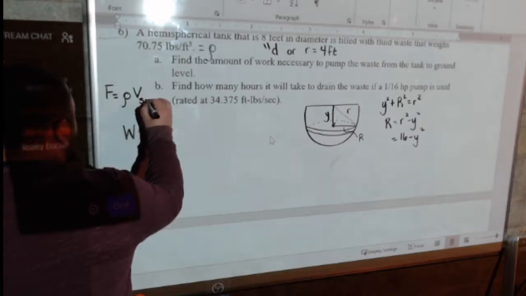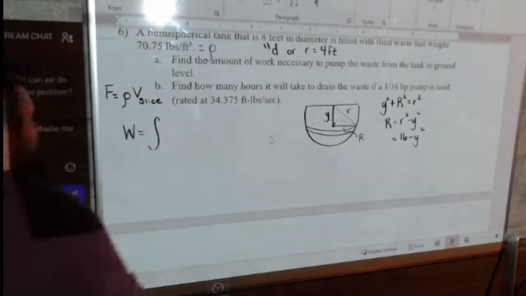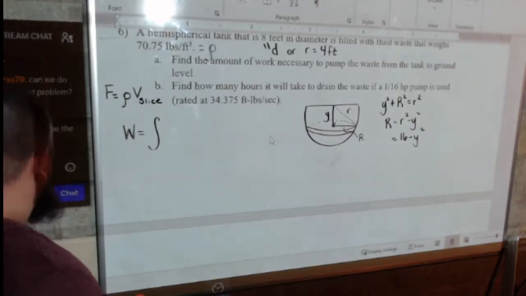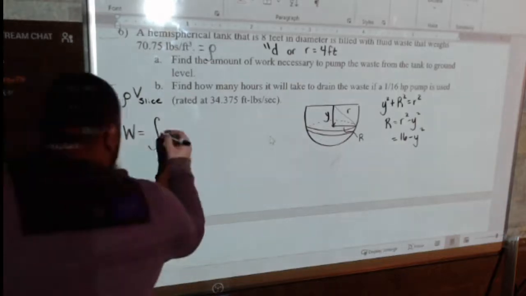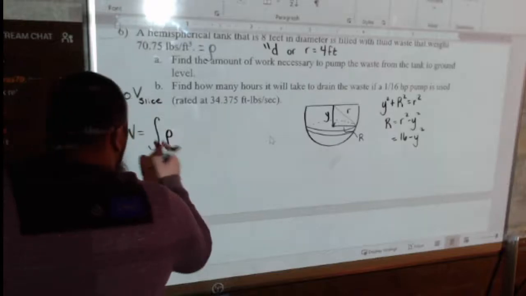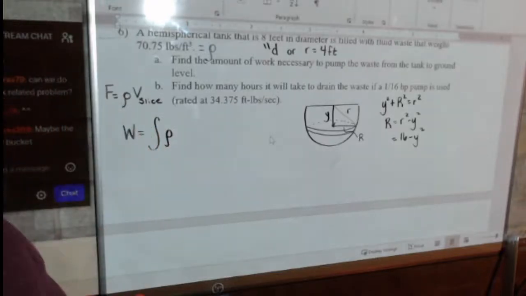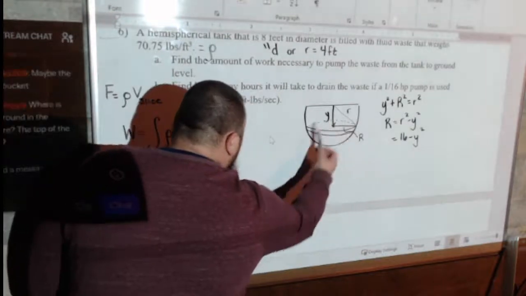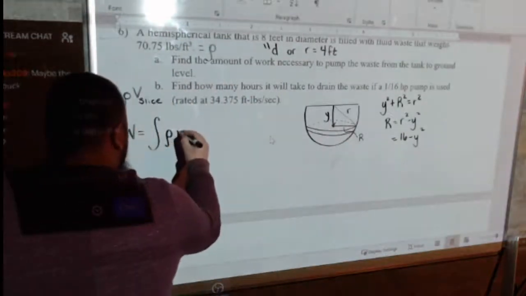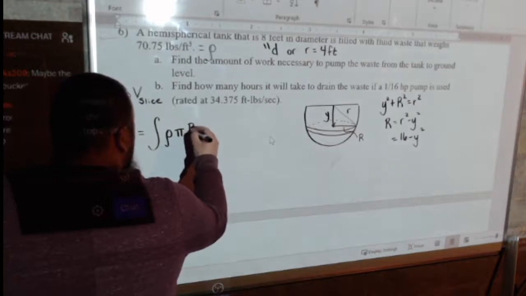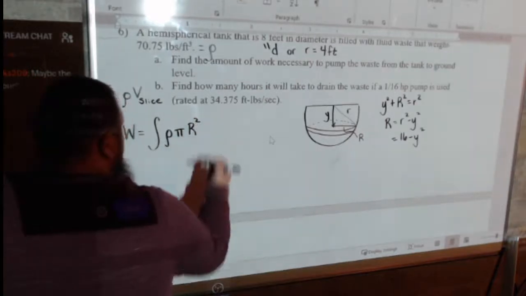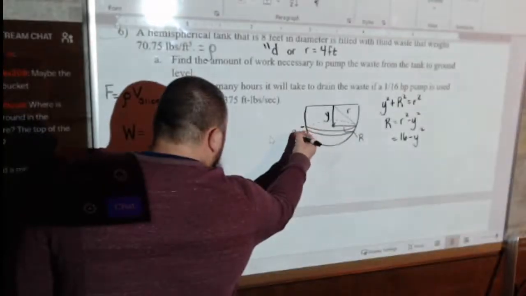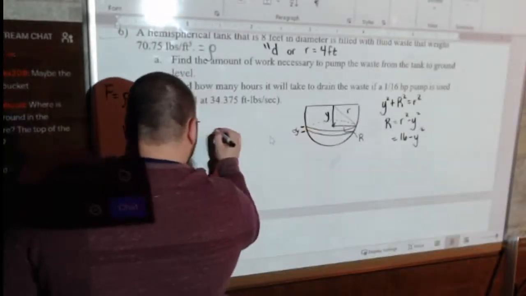That v is specifically of a slice. So I'm going to leave rho plugged in. What is the volume of a slice? Well, this slice would be circular, so its area is pi big R squared, and its thickness is dy.